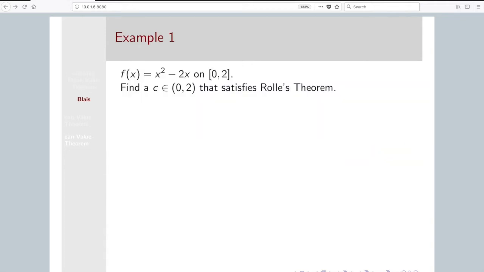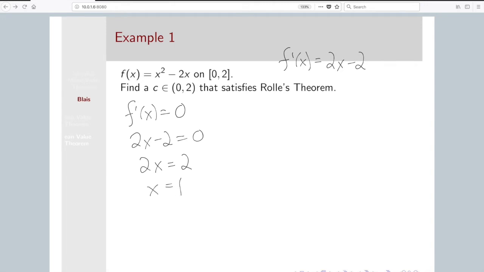We can see Rolle's theorem in an example. If we're given f of x is x squared minus 2x on the interval 0, 2, let's find a C that satisfies Rolle's theorem. Well, we know f prime of x is 2x minus 2. And if we set f prime of x equal to 0, we get 2x minus 2 equals 0, 2x equals 2, or x equals 1.